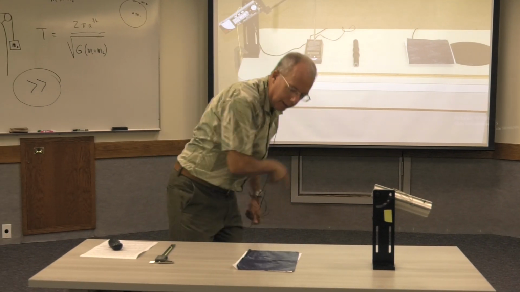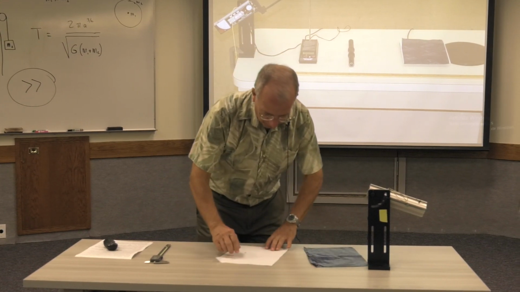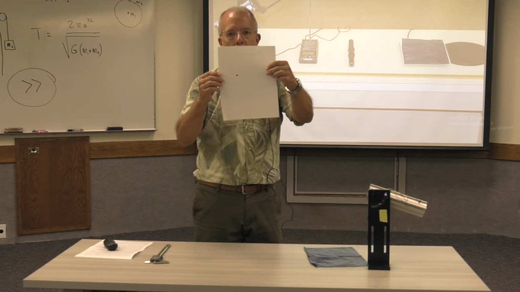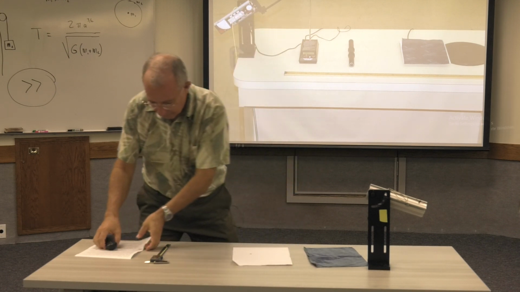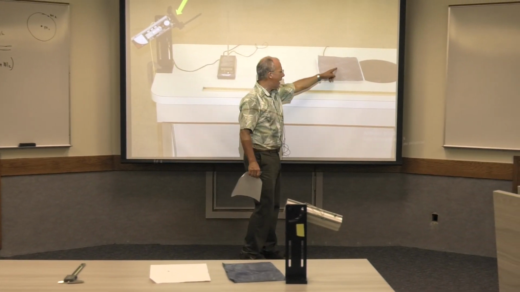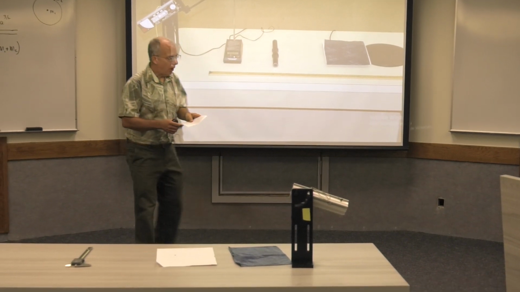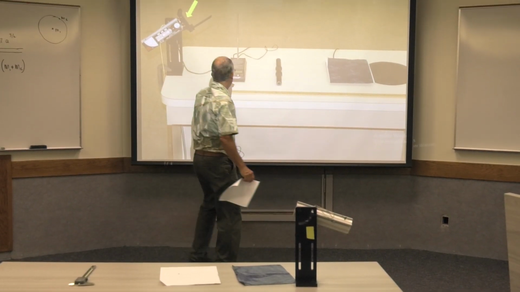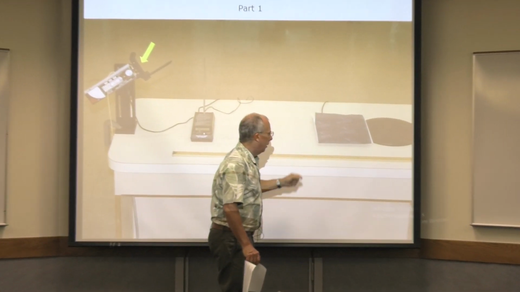Let me show you what happens. See what happens? When the ball hits the carbon paper, it leaves an imprint. So we're going to know exactly where the ball is because of the imprint from the carbon paper. So we'll know the final position, x final, y final. Piece of cake.